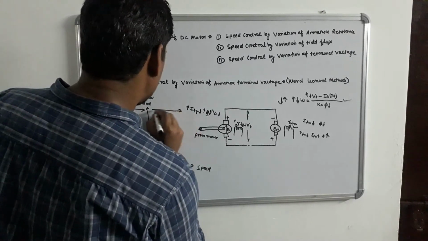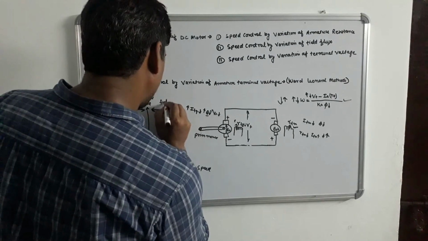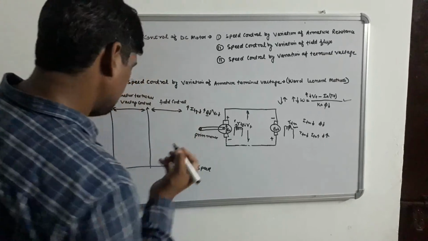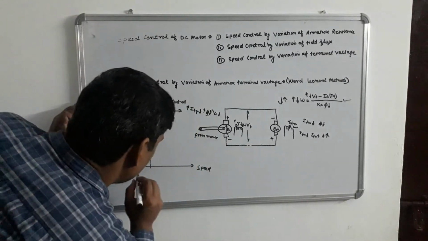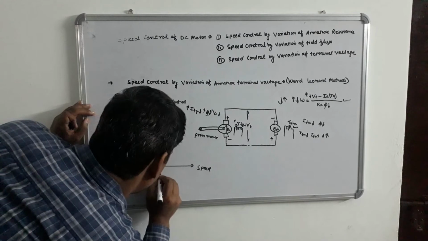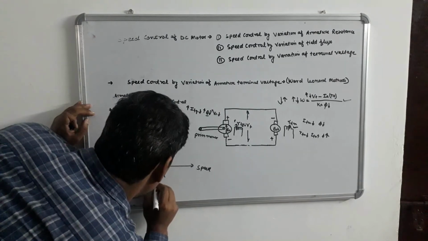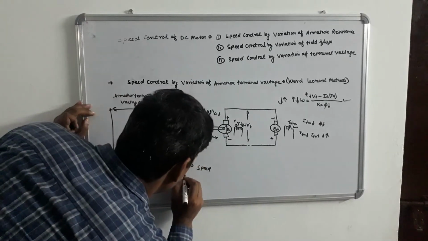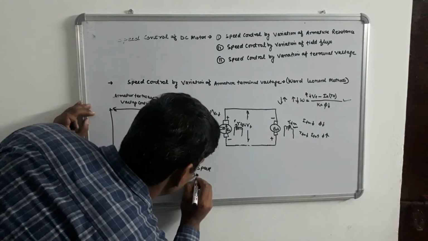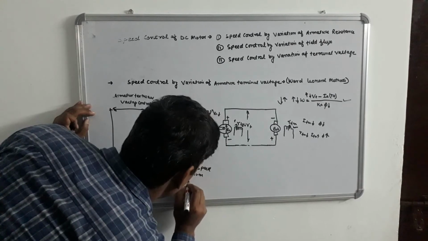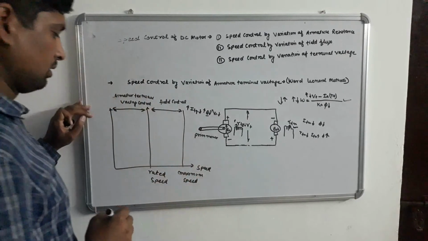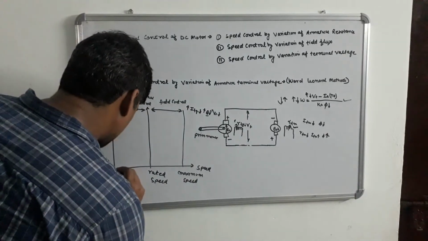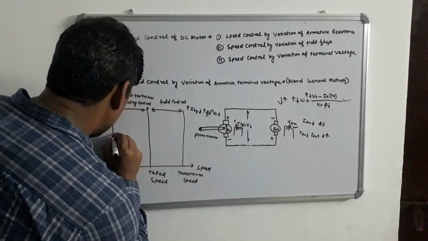This is the field control, and this is the rated speed. And this will be the maximum speed. This will be the torque.